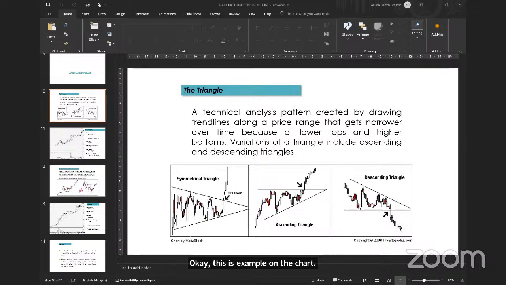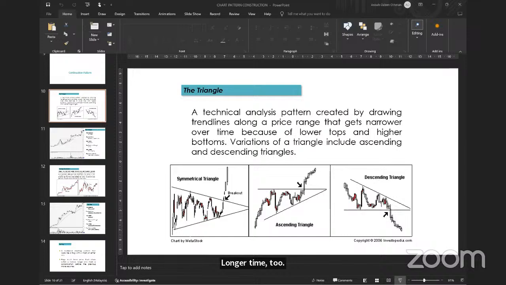Falling wedge. Again, this is a baseline, the base area. So upon breakout, the base height X will be your target as well, X to X. Falling wedge takes a longer time to complete.